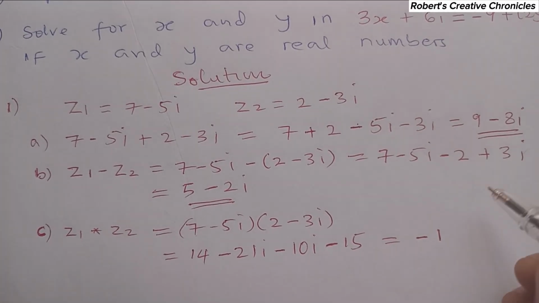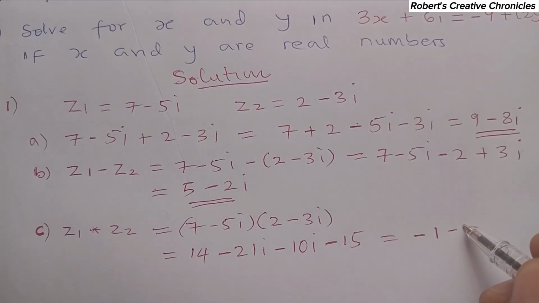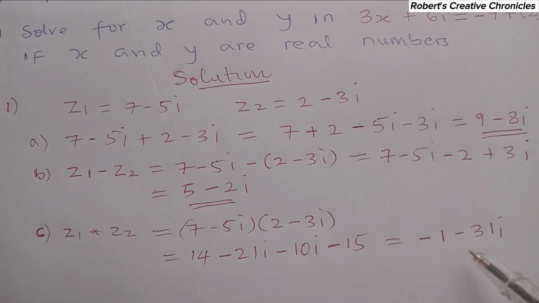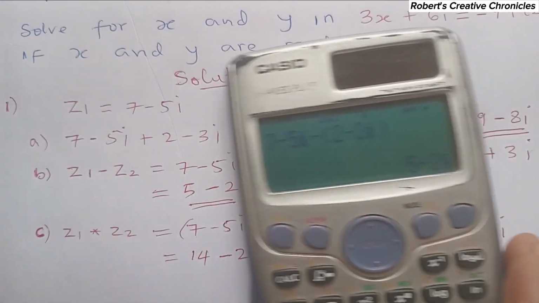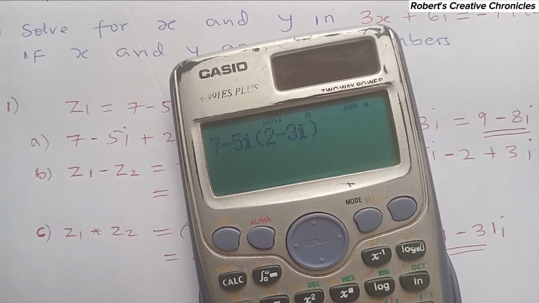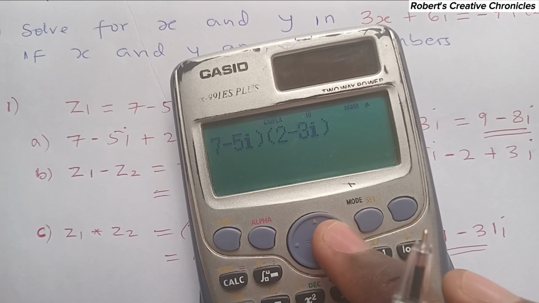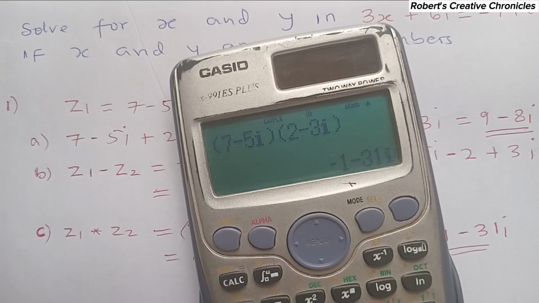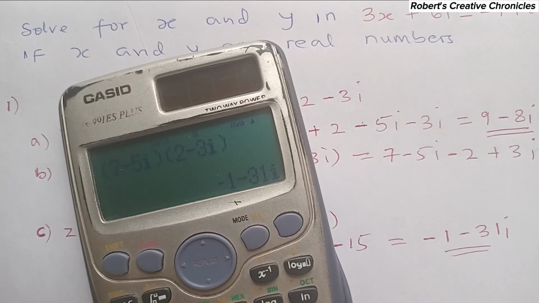Minus 21 minus 10 is minus 31i. So this is it. Now we can cross-check it, using the calculator: minus 1 minus 31i.